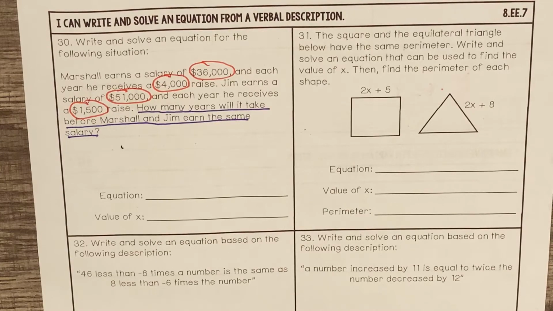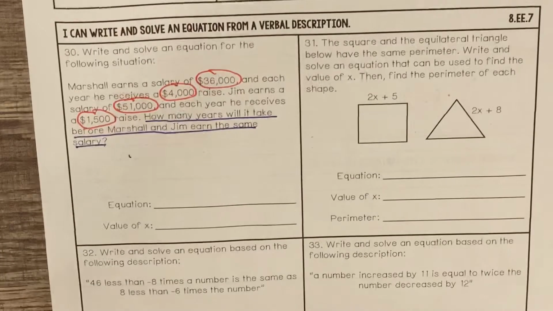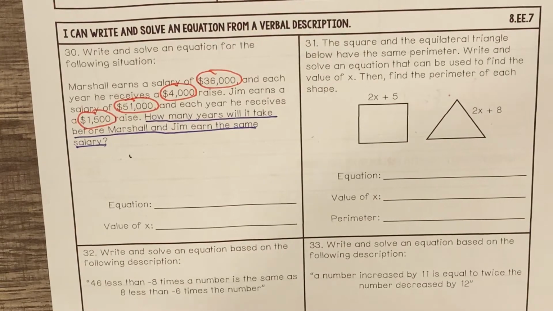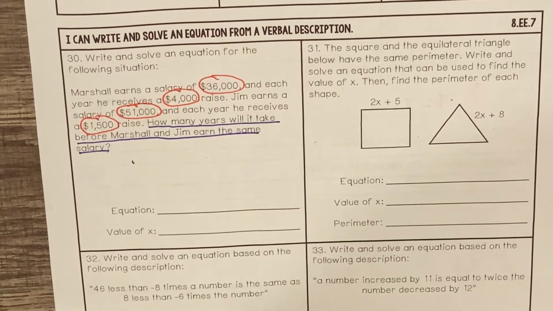Marshall earns a salary of $36,000 and each year he receives a $4,000 raise. Jim earns a salary of $51,000 and each year he receives a $1,500 raise.